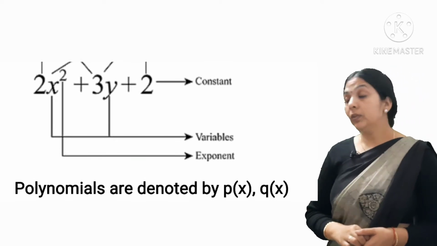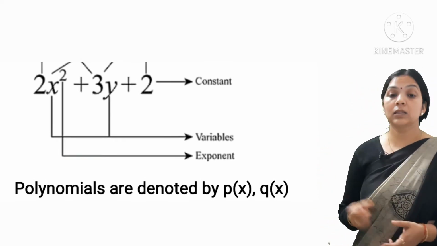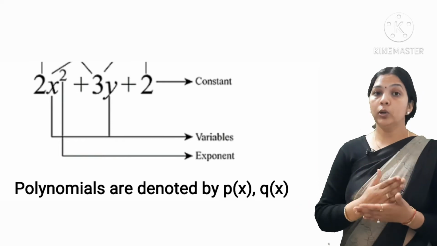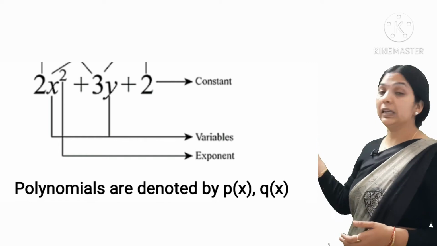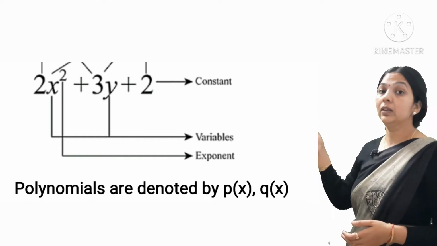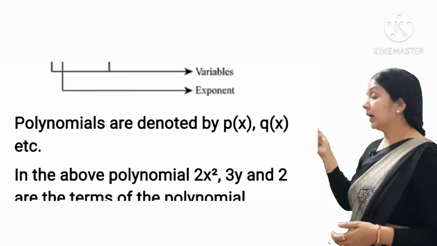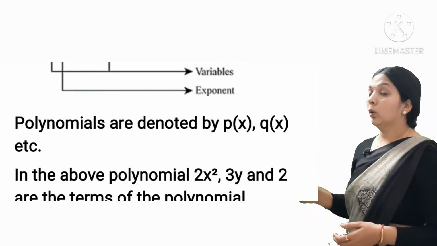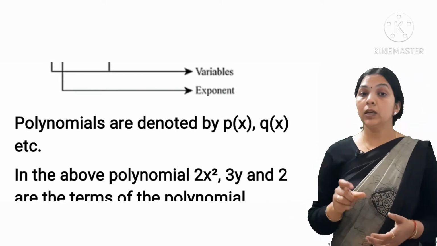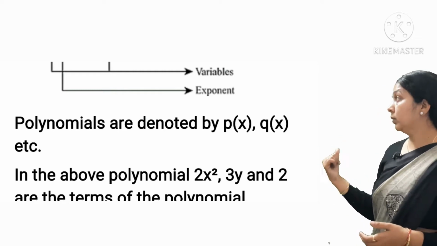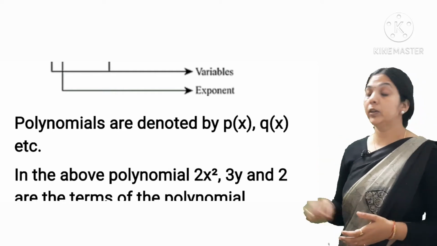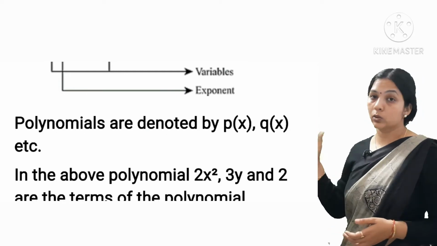Now, we can denote polynomial as p(x). The x written in bracket indicates that x is the variable of the polynomial. Generally, if all the variables in the polynomial are of the same type, then we denote it as p(x), g(x), q(x) or something like that.